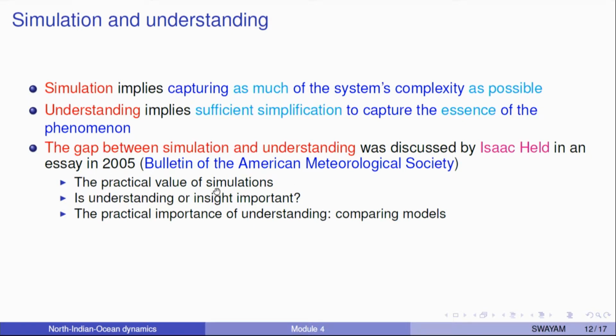Held says that the practical value of simulation is undoubted. You can make a prediction, and a prediction has an economic value associated with it. But why is understanding or insight important? Suppose you are able to simulate accurately, why would you bother about understanding or insight? There is a practical importance of understanding also. One is comparing models.